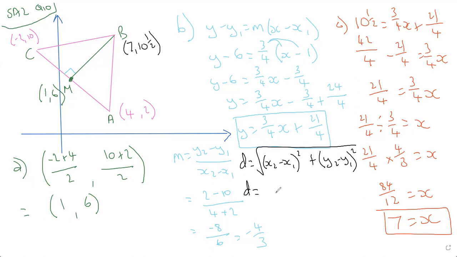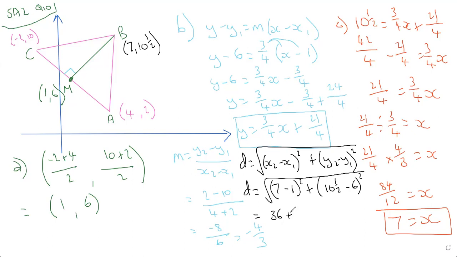So x2 is going to be 7 minus 1 squared plus y2 is 10.5 minus y1, 6 squared, and take the square root of all of it. So 7 minus 1 is 6. 6 squared is 36. Then I'm going to do 10.5 minus 6, which is 4.5.